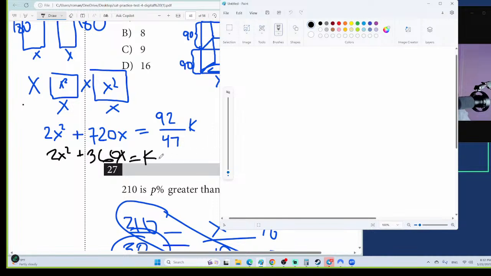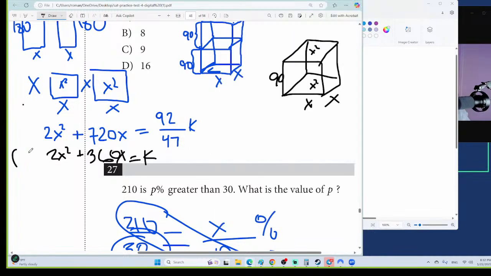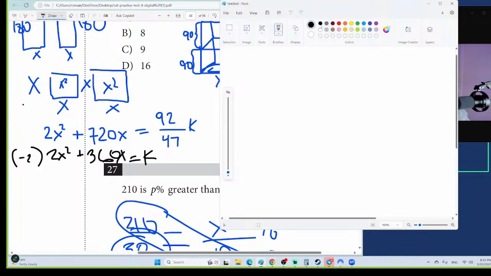Now I can solve this system by elimination by multiplying the second line by -2. What I'm going to get, starting from the top, is 2x squared plus 720x equals 92 over 47 k.